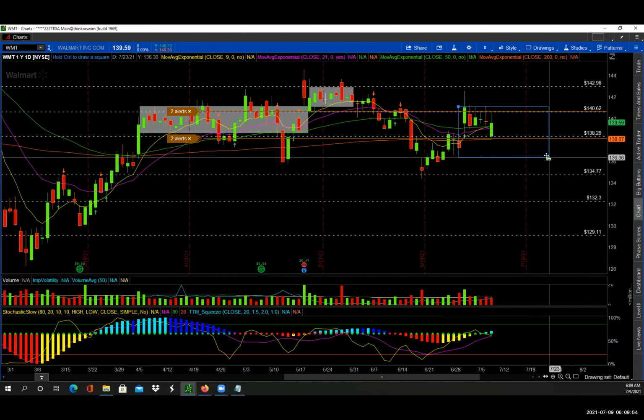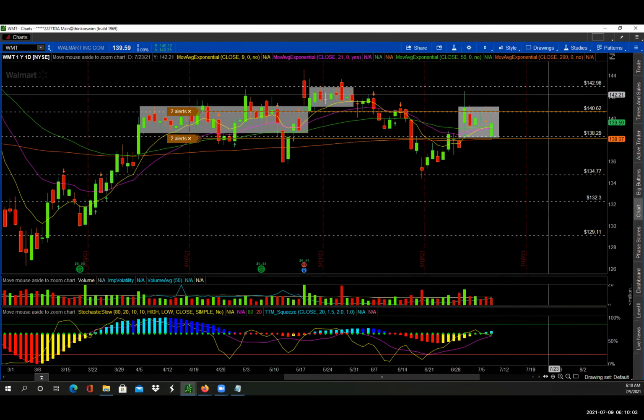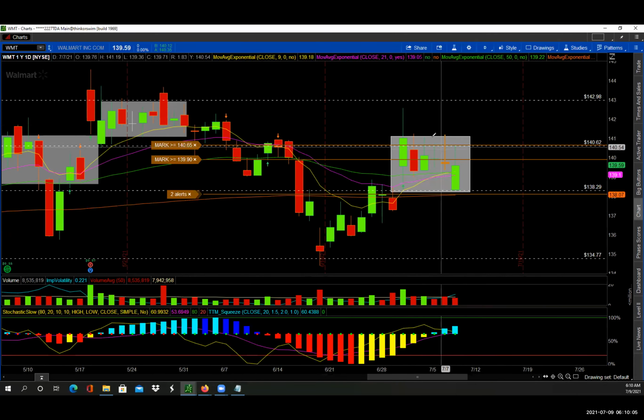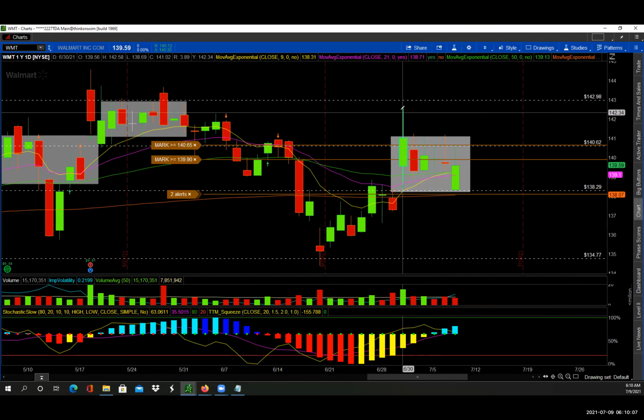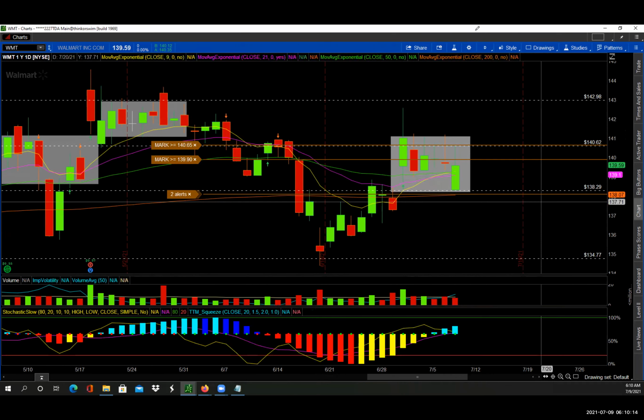Let me just make this a little smaller. There we go. And the reason being is that we have all this chop here, and the way we can tell is that we have these big topping tails. We have all these topping tails here, and we're just consolidating.